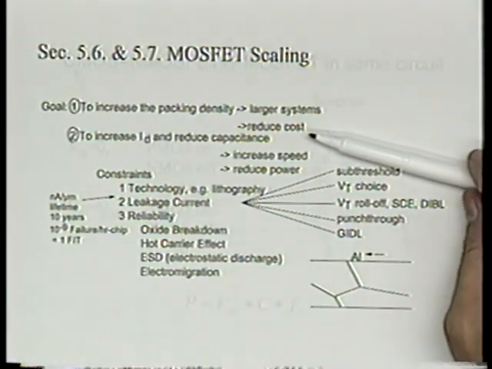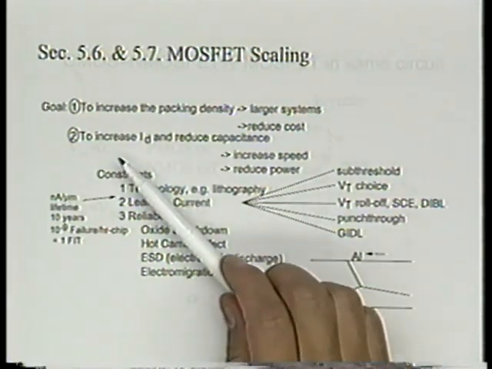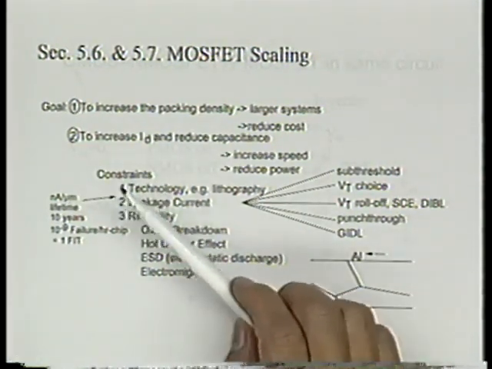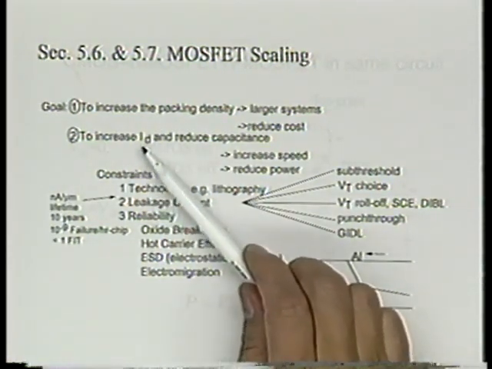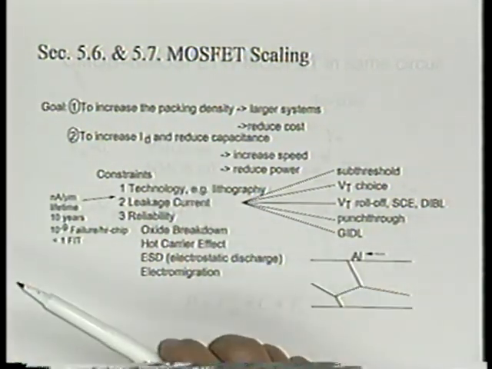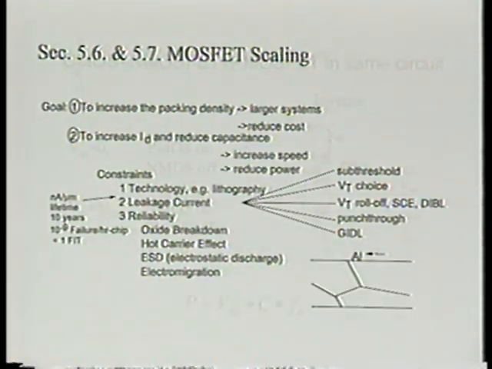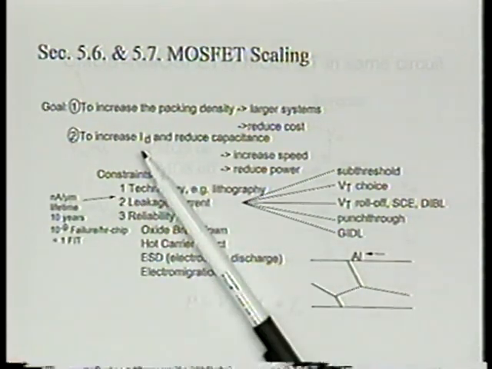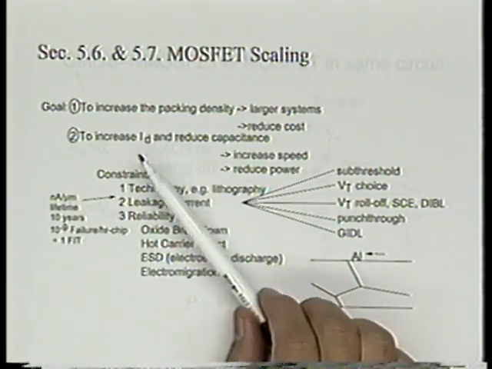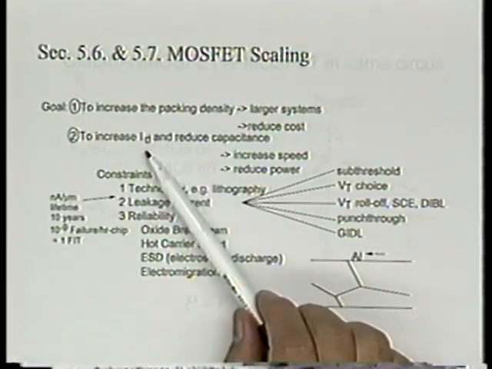Okay, all right. And secondly, going to a lower level, what we're trying to do is increase ID and reduce capacitance, right? You can probably see why reducing the transistor size, for example making the channel length smaller, may give us larger ID. That certainly is a larger drain current, so that could be a goal accomplished by reducing the MOSFET size.